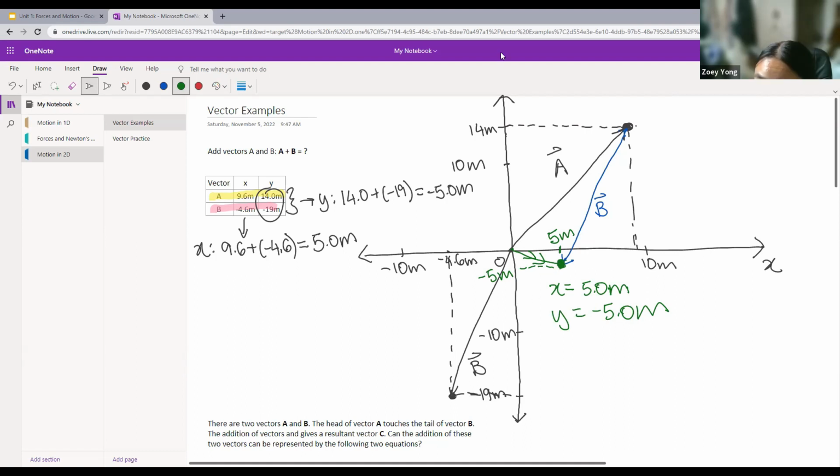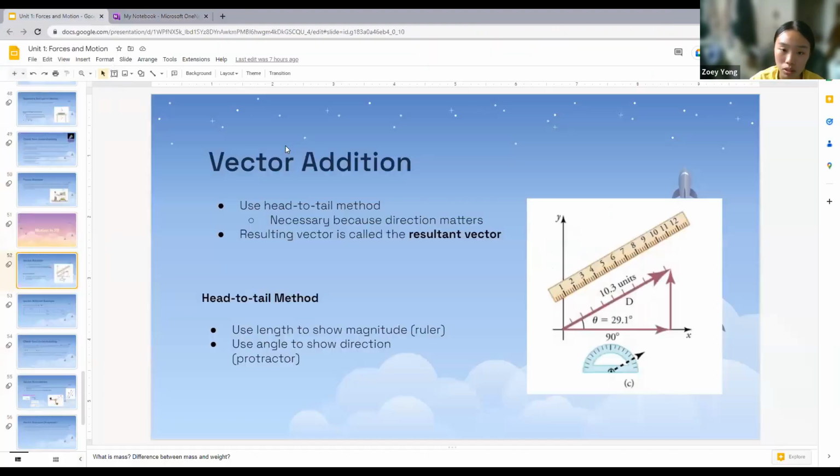You would add arrows, basically, that's how you add vectors. So that's our answer right there: 5 and then negative 5. So that's A plus B. The resulting vector has a coordinate of 5 and then negative 5. So that's our first example.